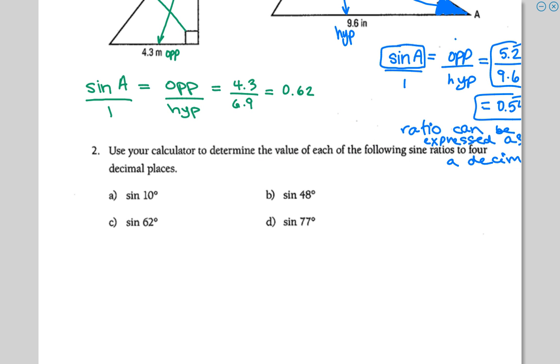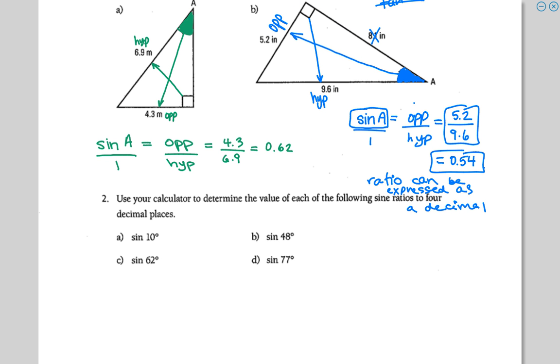So what we just did above there with the ratios, you can also find those decimals by just calculating the sine of the angle. So sine 10, I'm literally just typing into my calculator, 0.1736.